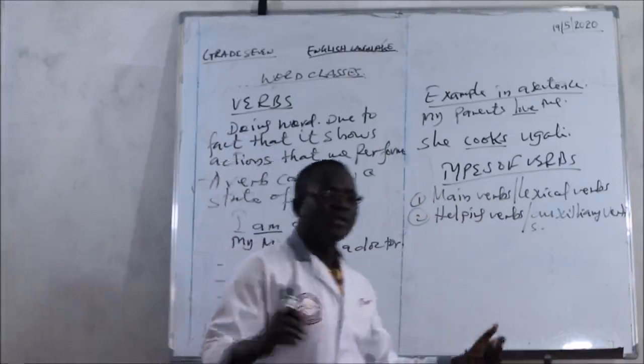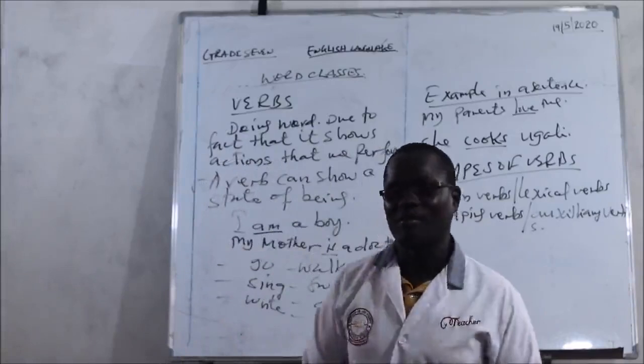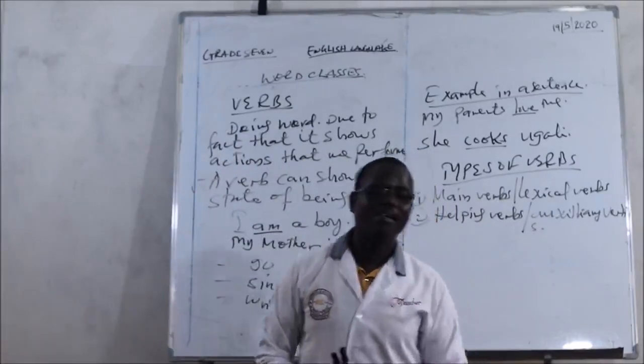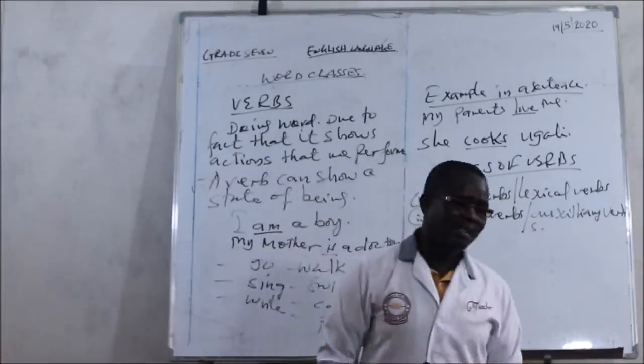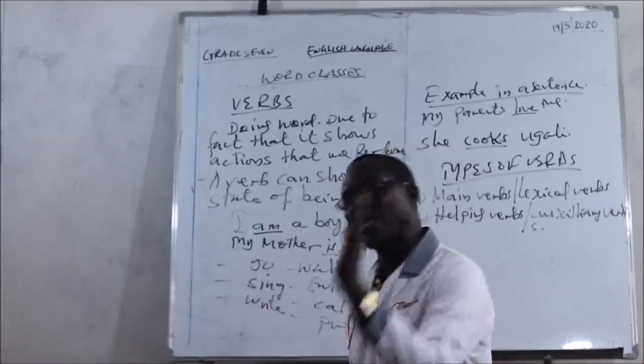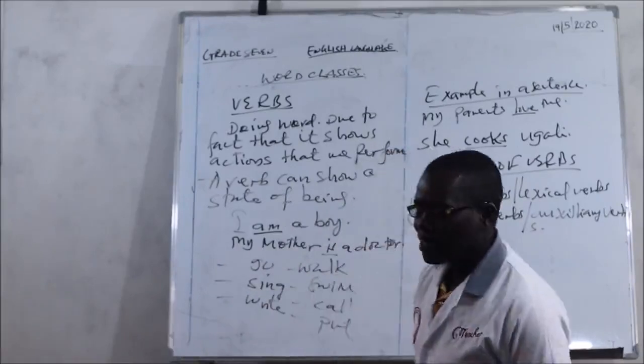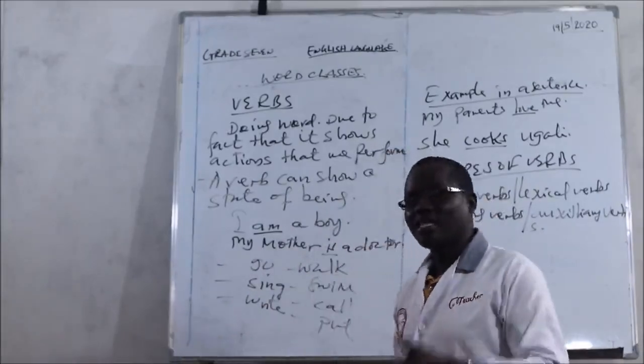Let us now see what we mean by saying lexical or main verb. When we say a main verb here, we mean that type of verb with the ability to stand alone in a sentence without being helped by any helping verb to deliver the intended meaning.